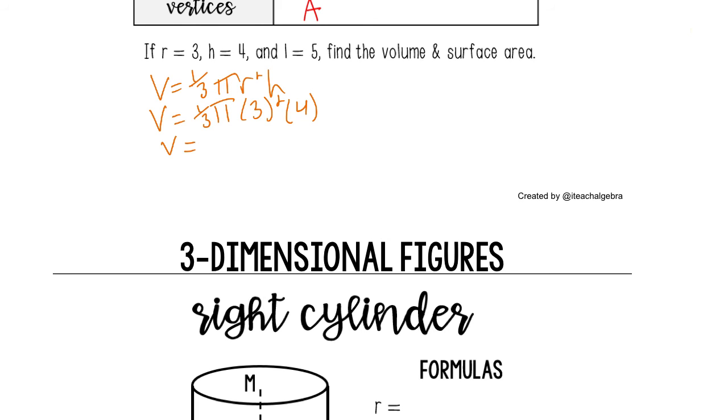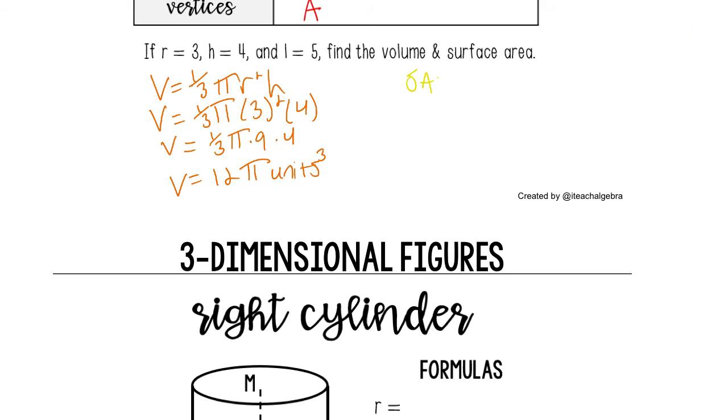So that is 1/3 pi times 9 times 4. Well, that's 36 divided by 3 is 12. So our volume is 12 pi units cubed. You can just leave pi in this case.